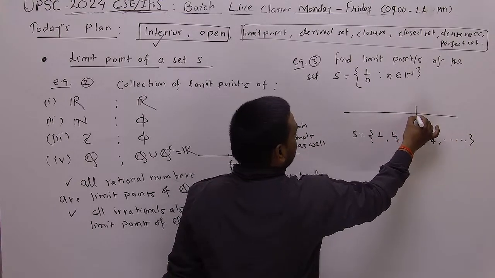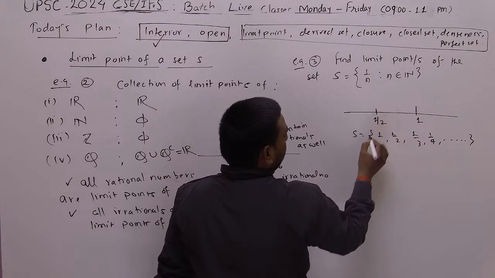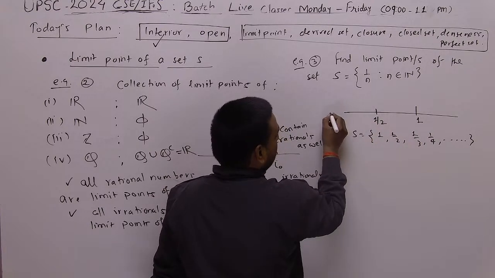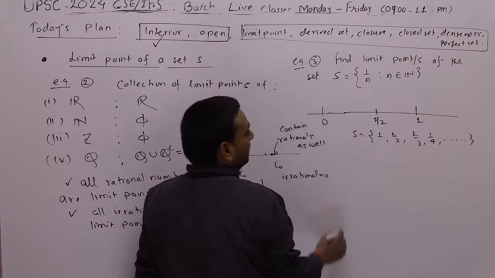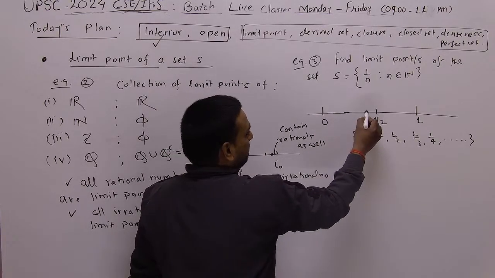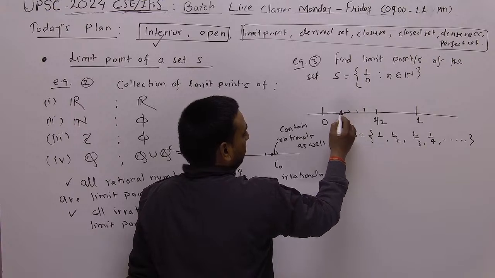So if this is the point 1, let's say this is the point 1 by 2, and this is the point 0. So this is the point 1 by 3, फिर पॉइंट्स आएंगे.